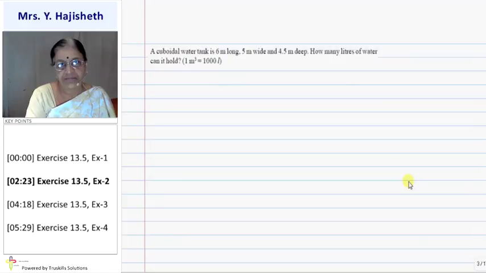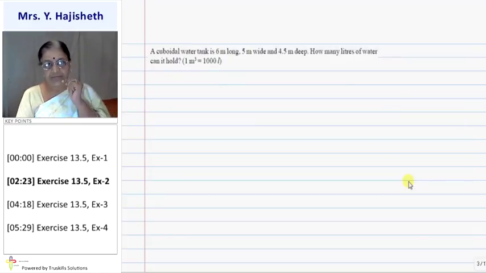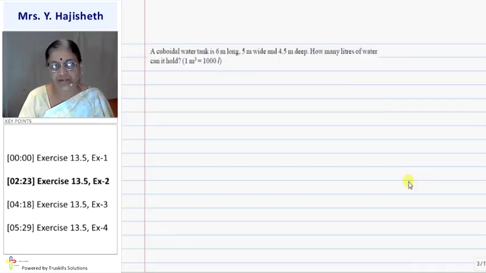Second sum is: a cuboidal water tank is 6 meter long, 5 meter wide and 4.5 meter deep. How many liters of water can it hold? 1 meter cube is 1000 liter. First you find out volume in meter cube, and then you multiply it with 1000, you will get volume in liter.